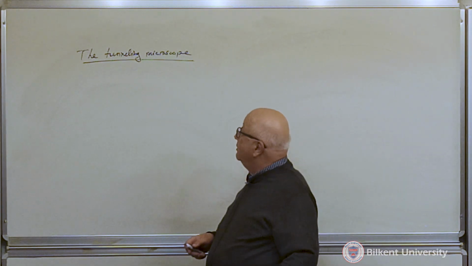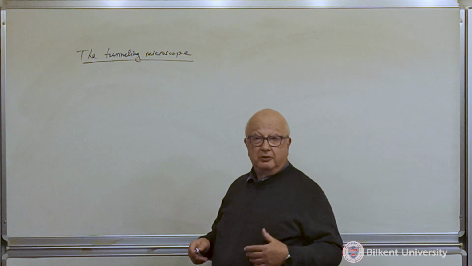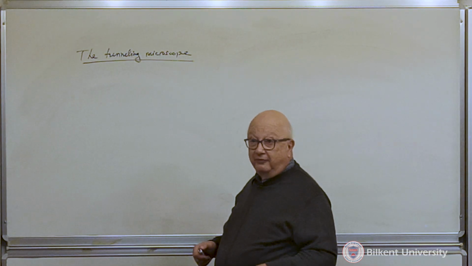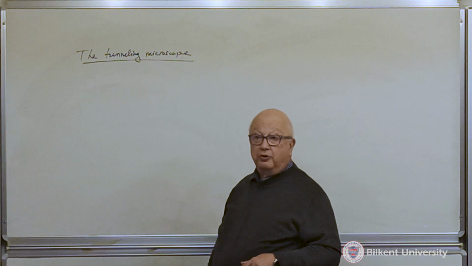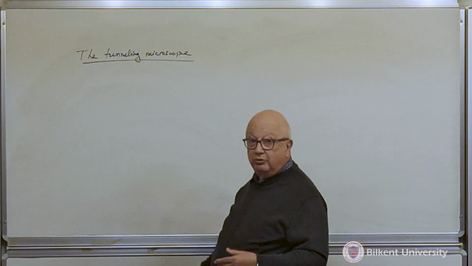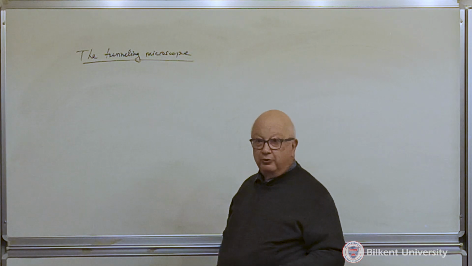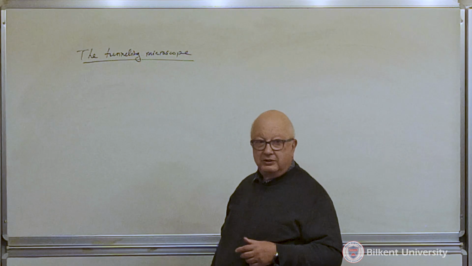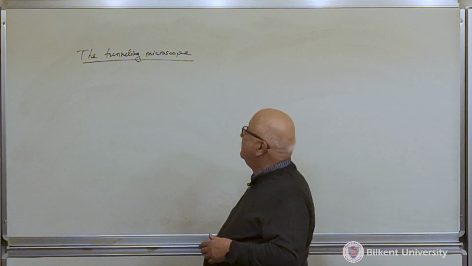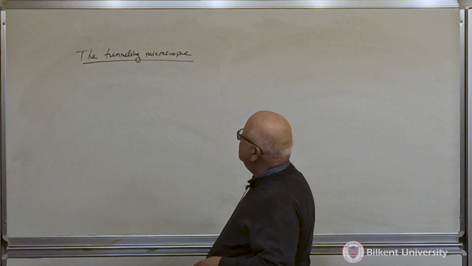Professor Ahmet Oral, after the Nobel Prize was given for the tunneling microscope, in a few years produced a number of tunneling microscopes here in Bilkent, and now he has a company selling these things, so he turned it into a business.